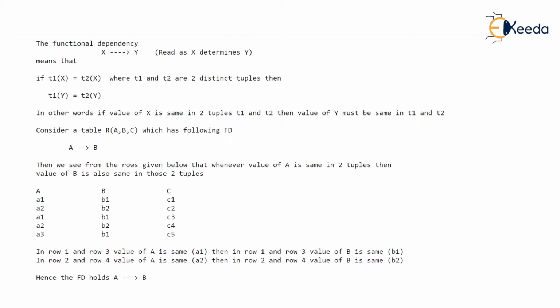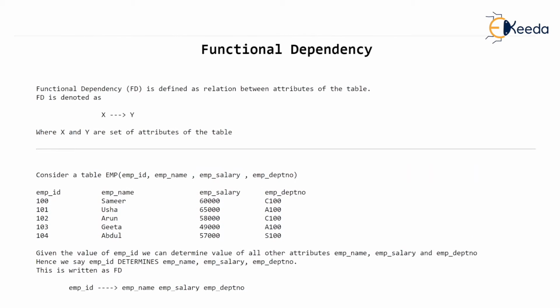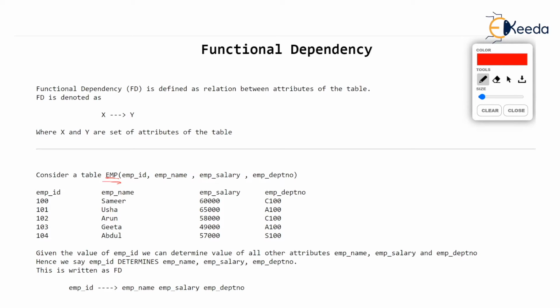Isn't it so? Now, just check the example which I have given above. This example is actually an example of the EMP table. I think we were looking at this table in the earlier video. The employee table has attributes employee ID, employee name, employee salary, and the department number in which the employee is working.